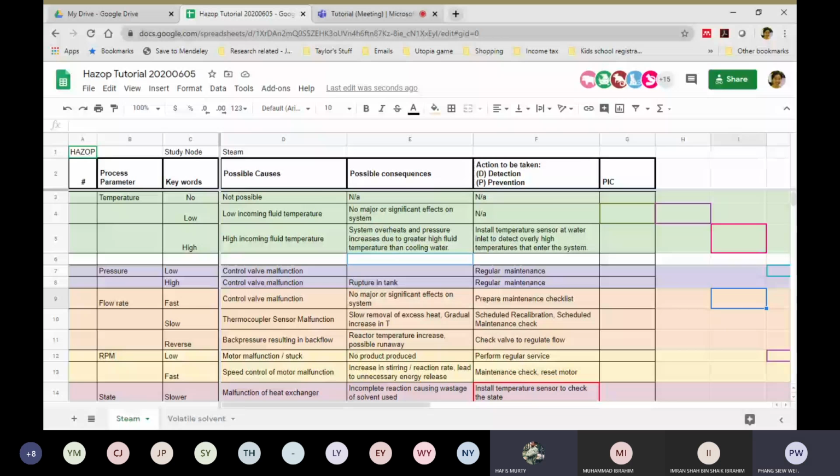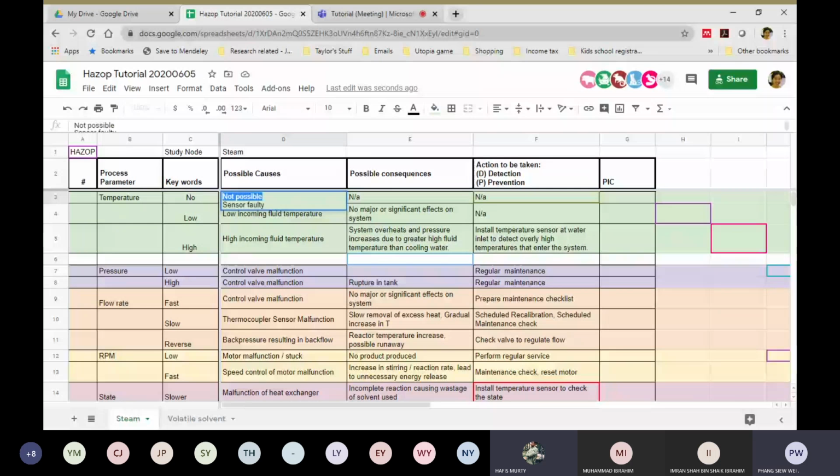Okay, can I throw in some challenging words here? What if the possibility is that the sensor is faulty? That's where you get no reading. There's no temperature. Yes, then the possible consequences would be that operators of the machine might incur injury due to not knowing the exact temperature of the system.